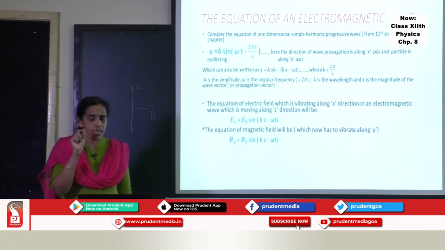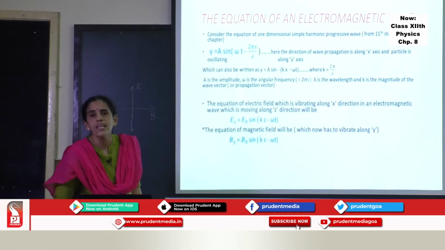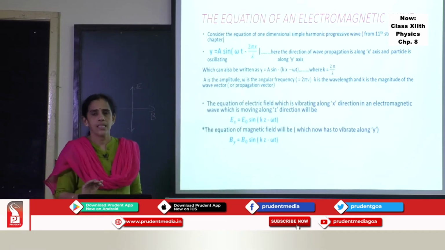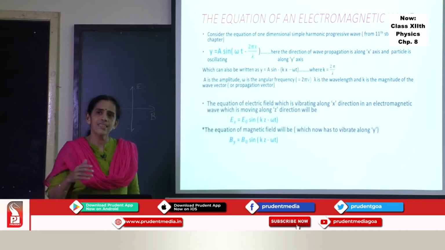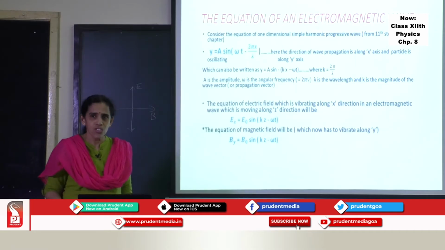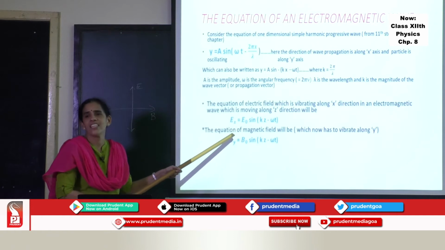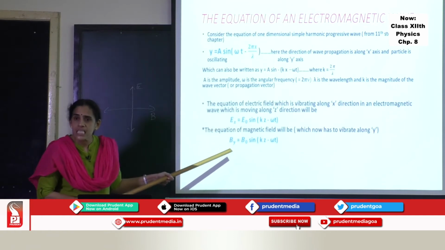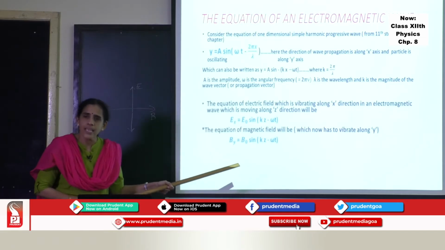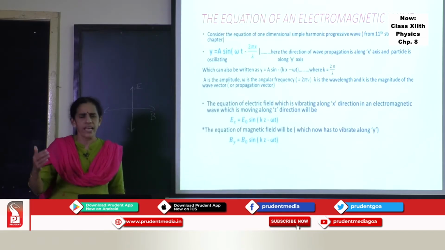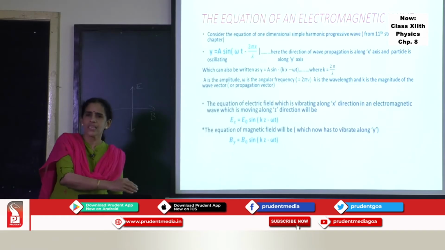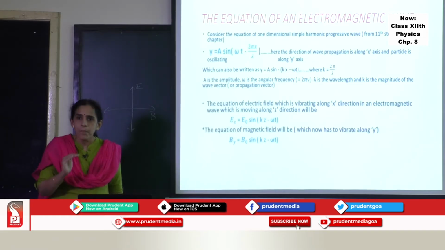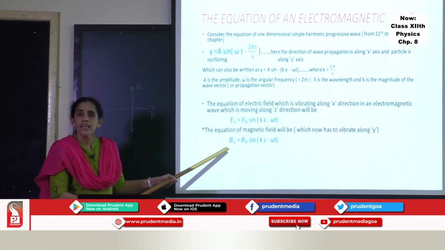Remember, electric field and electric field intensity, we use the same way. So actually it is the strength of the electric field, the intensity of the electric field. This is the strength of the magnetic field. So wherever you use E for the electric field, you will be using B for the magnetic field.